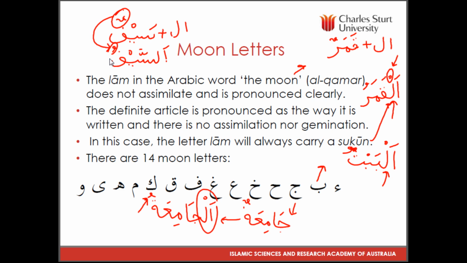What about the letter lam itself? Because it all revolves around lam, what happens if the word starts with lam? Look at the 14 letters. It is not here. It means it is a solar letter. So let's say lam'atun, which means a piece of light.